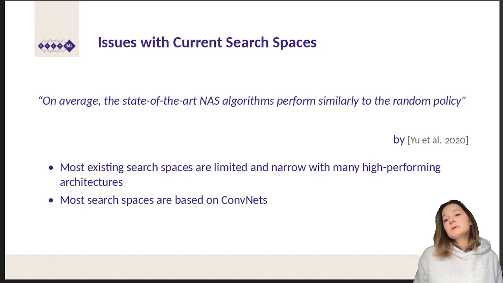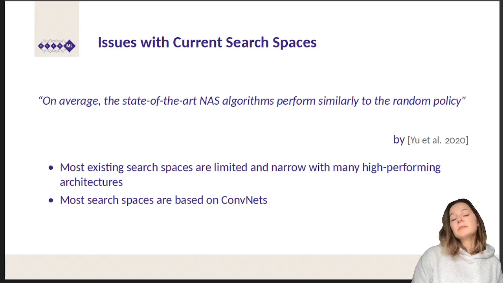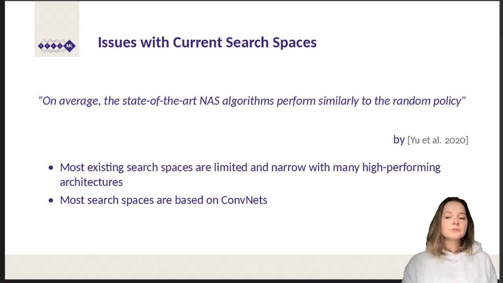Most of them are also based on convolutional neural networks, since NAS became very popular with the rise of CNNs, but they still are based on CNNs, while deep learning has moved from CNNs towards transformers, for example.